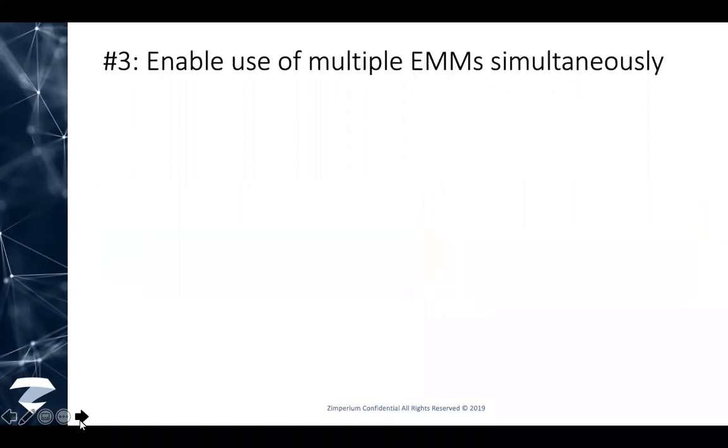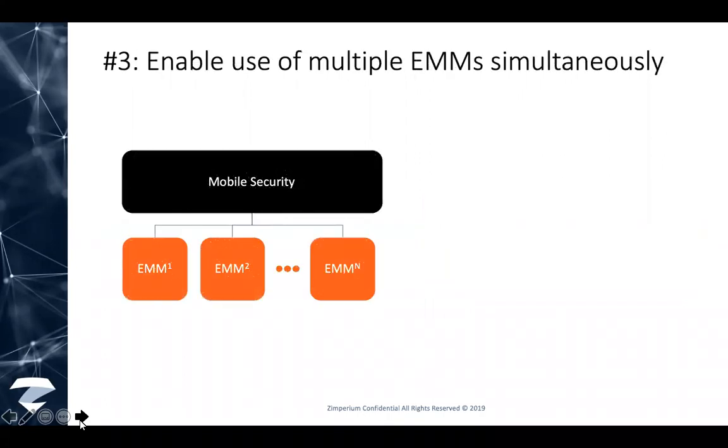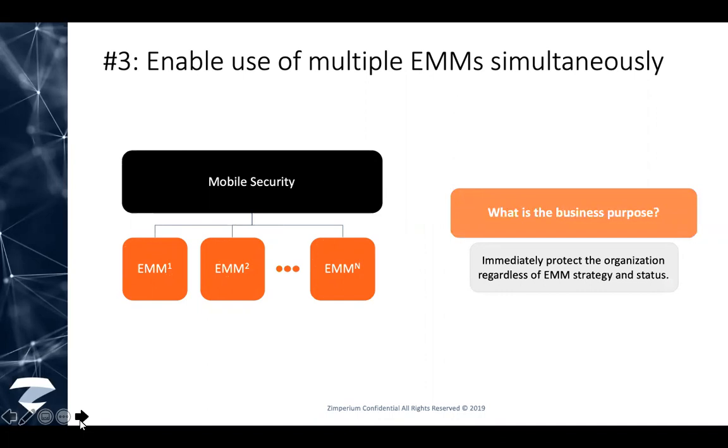Number three, you have to be able to enable the use of multiple EMMs simultaneously. What we are seeing across the board is a shift in a tide. Customers have one EMM, but now they're looking to use another, potentially, let's say, because it's coming with an ELA that they've bought from a larger company.